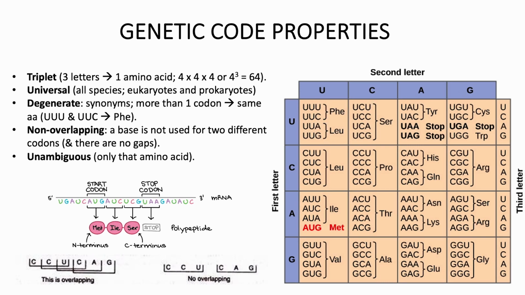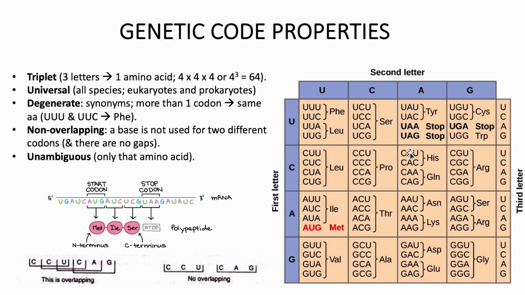That's how we understand that we have 64 potential combinations, but we only produce 20 amino acids, the ones that we have there. There you have the starting codon, start codon, that is AUG. There is a mnemonic, inaugurate, to remember that.